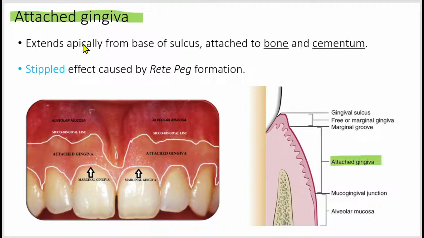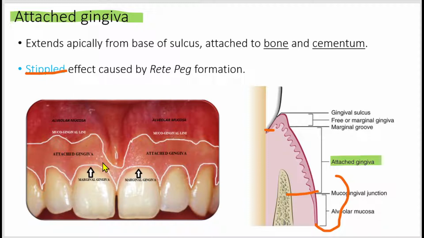So we know it extends from the base of the sulcus down. If this is the base of the sulcus, and this is the sulcus, that's where the attached gingiva extends, almost to the vestibule. So if this is the end, this will be the vestibule, then this will be the cheek around. Usually the attached gingiva, see here, has the stippled effect, which is technically like an orange peel.